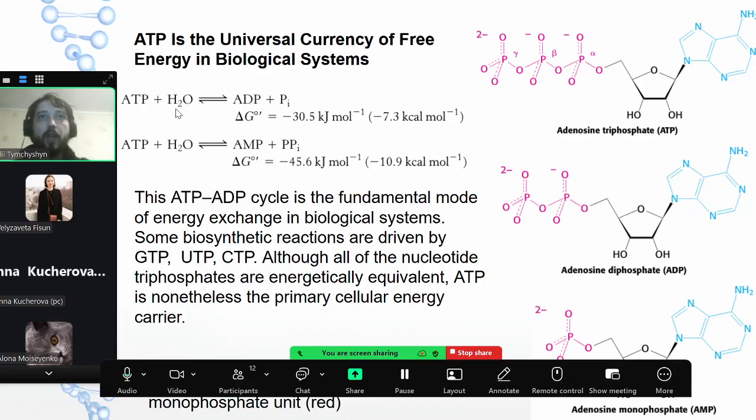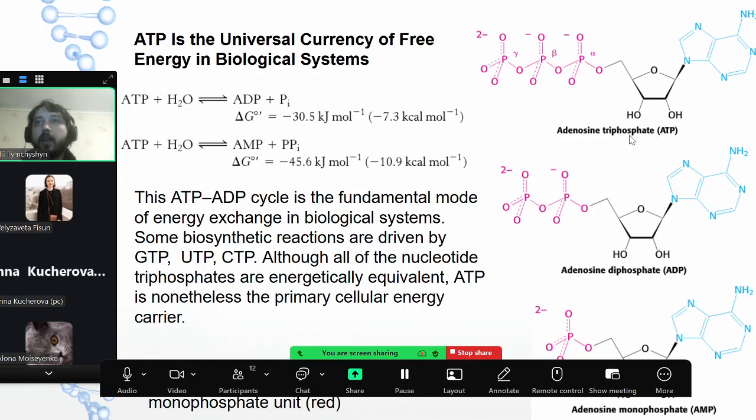So you hydrolyze ATP. In this hydrolysis, you see there is some energy, like minus 30 kilojoule per mole. Or you can hydrolyze that to AMP, but that's a rare case, so mostly to ADP. Here are the chemical formulae on the left.